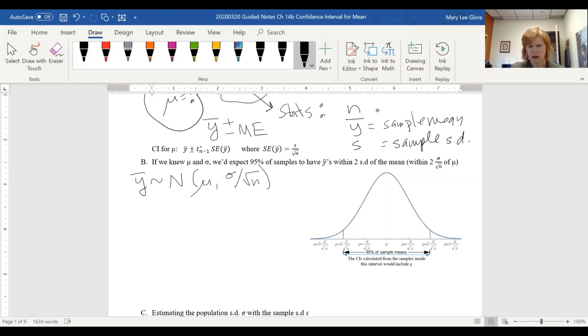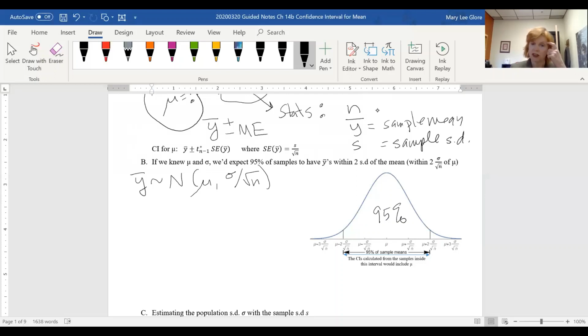So that's what this graph is. I've got mu, add 1 standard deviation, add 2 standard deviations. Subtract 1, subtract 2. So there's going to be 95% in this range here. So 95% of what? Sample means.